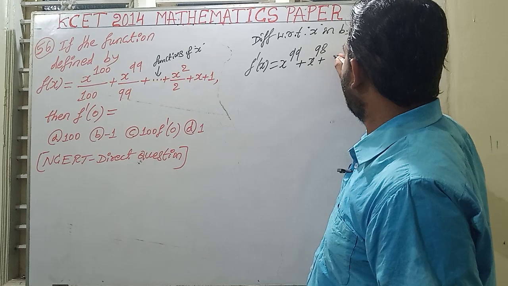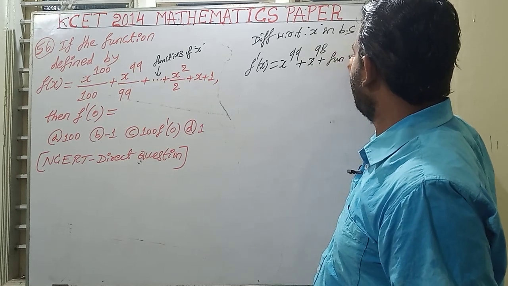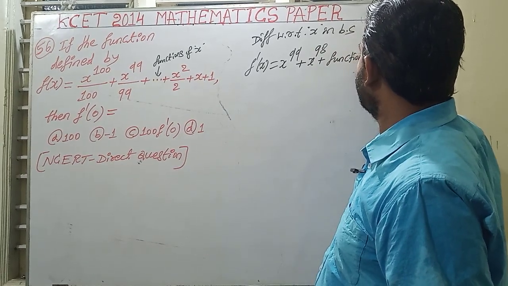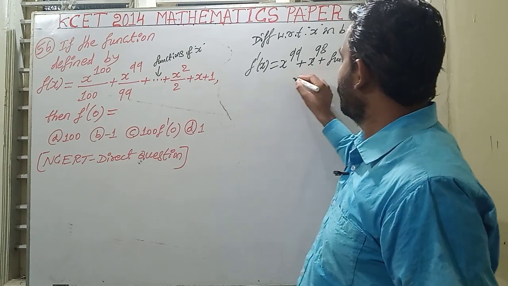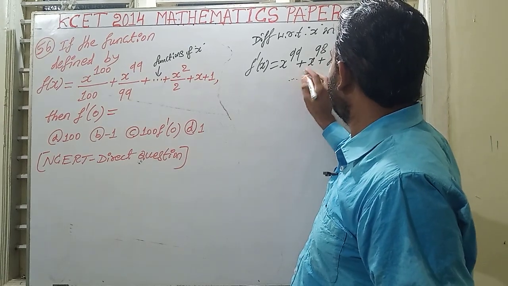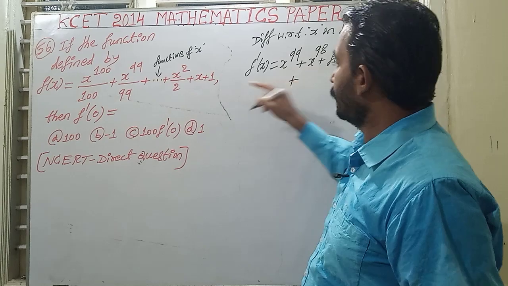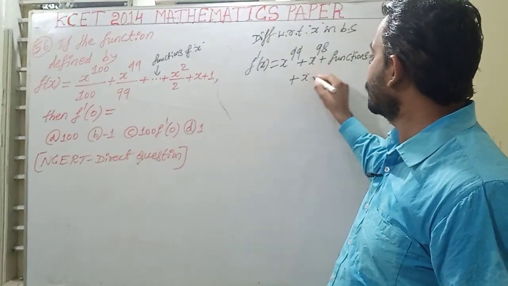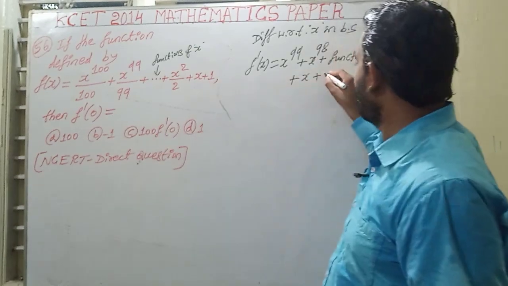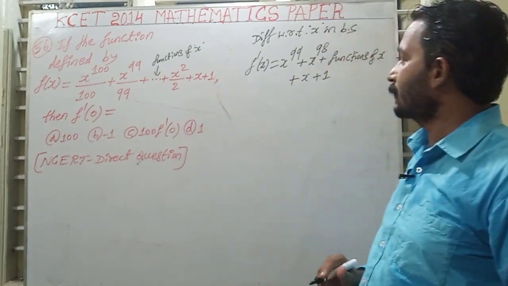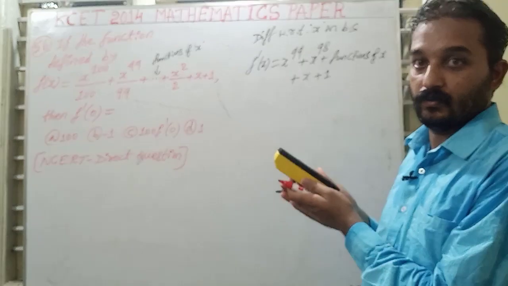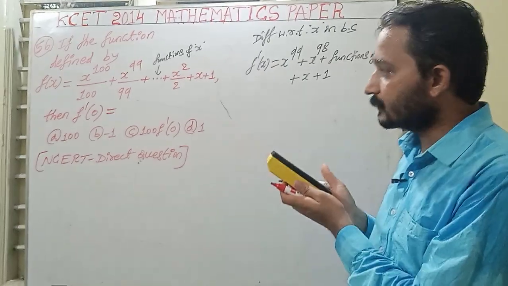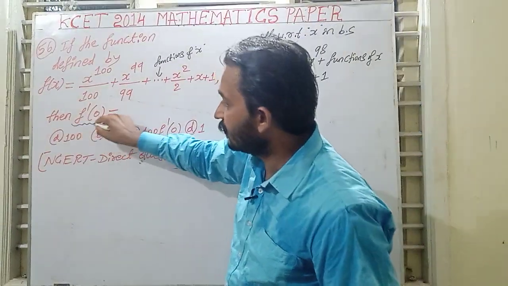So on, these are the functions of x, up to plus x square, differentiating x square gives 2x, the 2 gets cancelled, remaining x. Plus the differentiation of x, which is 1. Next, the differentiation of 1 is 0. So we get f dash of x.